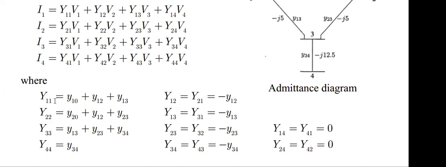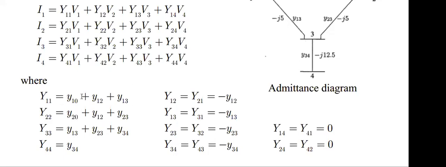Y11, right? And what about the right hand side? It will be small y, as i is 1. You have to start the summation from 0, right? Yij, so 1, 0, j is 0, starting from 0. So Yij is Y10. Then you cannot consider j equals i, right?